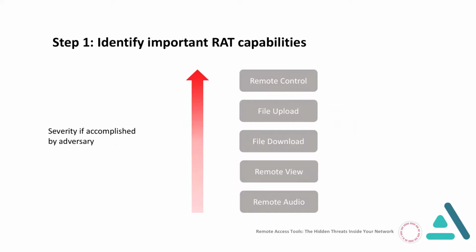Of course, there's also remote view, which would be just passively watching whatever somebody is doing on a system. That might be watching a user click on files, watching a user browse, etc. Not great, but definitely not as bad as the other ones. And remote audio, you could imagine somebody listening in on a meeting, which could be very bad, but on the average isn't as bad as having somebody completely inside your network with full access.